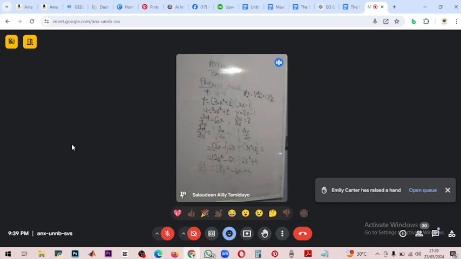I want to ask, if one of the variables has a power, is there a way we can calculate it directly without using the product rule? If one of them has a power, that means it is a function of another function.